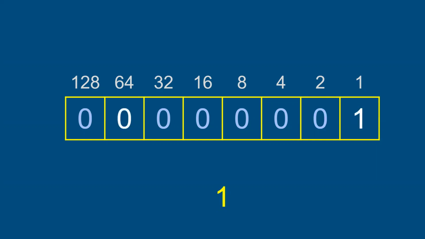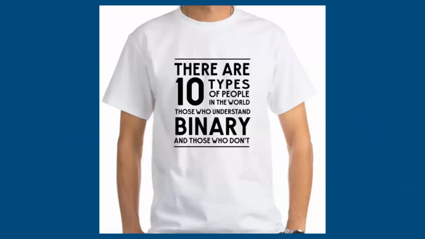Now, you look, okay, it's got 1 in the 1 column. So why is this 2? Because this says you have 0 ones, you've got 1 two, you've got 0 fours, you've got 0 8s, you've got 0 16s, and so forth. So what is that number that we're showing right there? 1 0, what is that number in binary? That number, 1 0, represents the quantity 2, yeah. In fact, it kind of gives rise to this t-shirt, right?